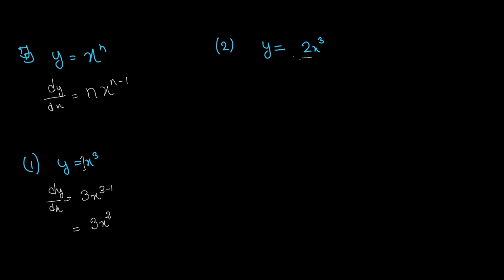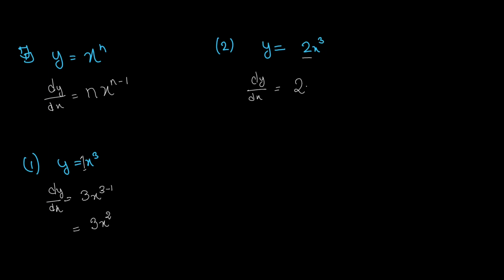Now how will we do this new math? Just like before, we have to put dy by dx on the front. dy by dx tells us we are differentiating this equation with respect to x. Our first job is to take any constant we have and write it on the front. After doing that, we are left with x cubed. We already did a question with x cubed, so we'll do exactly the same thing here.